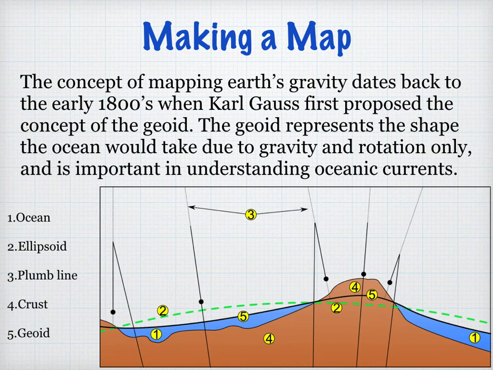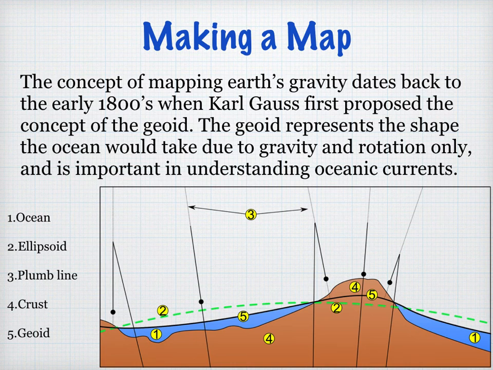So, moving on, making a map. The concept of mapping the Earth's gravity dates back a couple hundred years to the early 1800s when Gauss first proposed the concept of the geoid. The geoid represents the shape that the ocean would take if we just considered gravity and rotation by themselves, and is important to understanding ocean currents and gravitation in general.